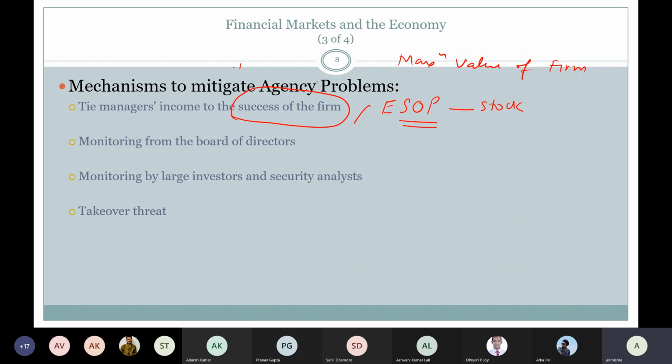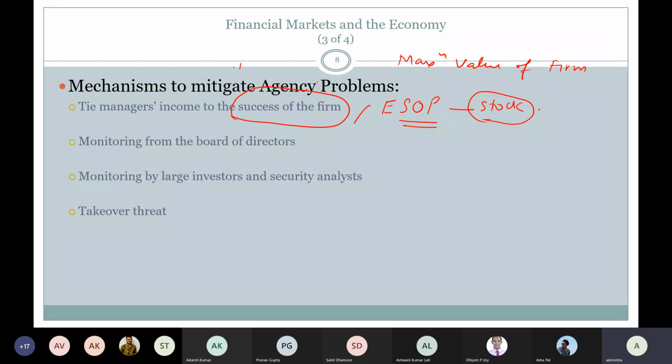Whenever you join, they will give you some shares of their company. You cannot sell it; there will be certain conditions. But when you get shares of your company, as a manager you will always try to maximize the value of the share.